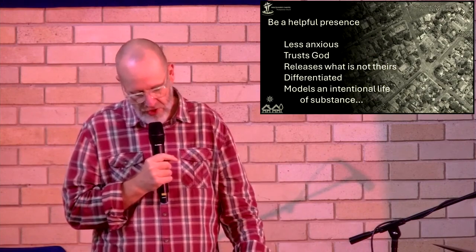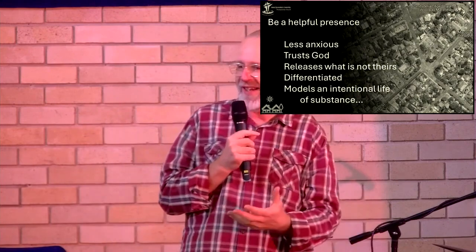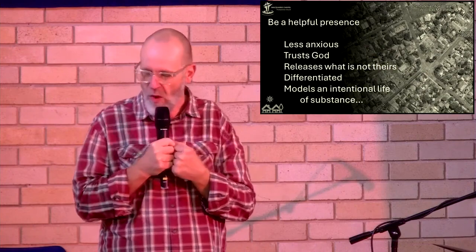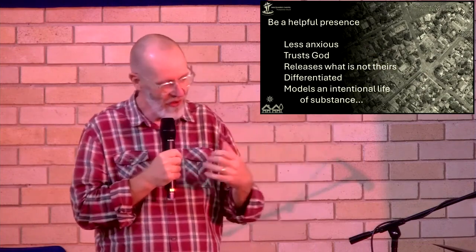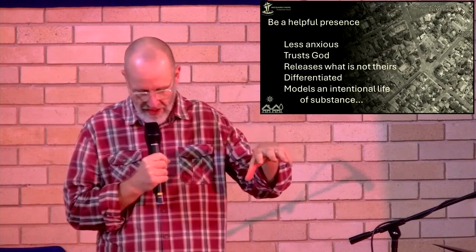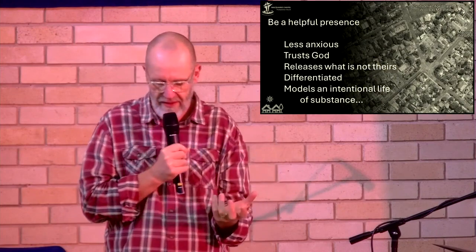So modelling an intentional life of substance, so that you're somebody who your neighbour looks at and sees and goes, they've got something anchoring their life in a way that when storms come and go, they don't get swept around. There's something substantial going on in them that anchors them.